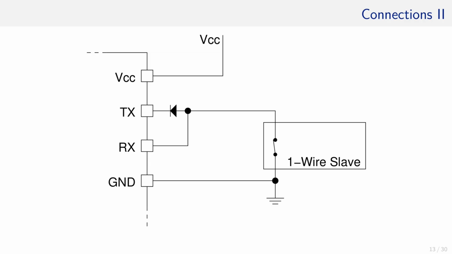In this case, the current cannot flow from the left, that is the TX pin, to the one-wire bus. However, if we want to write a 0 to the bus, the charge on the wire can be discharged through this diode and the TX pin into the ground.